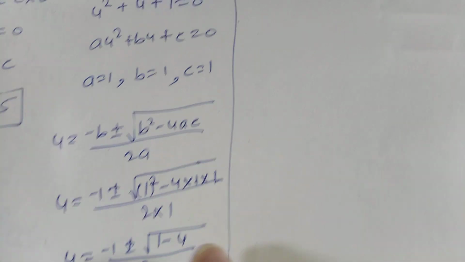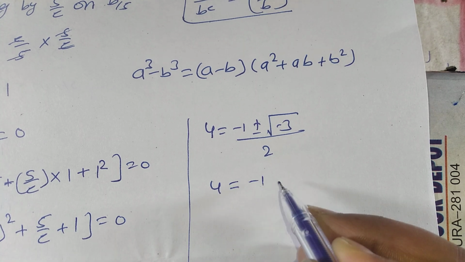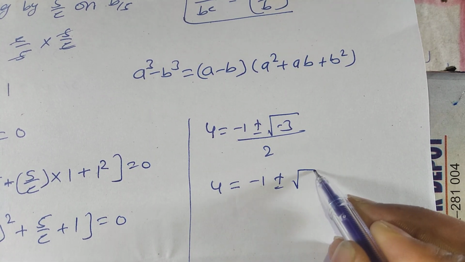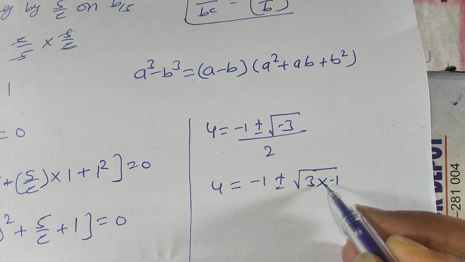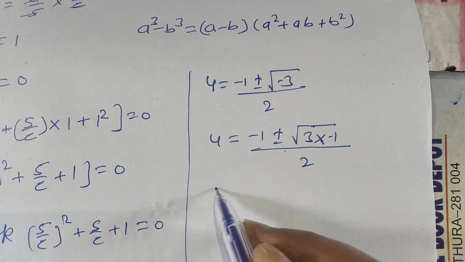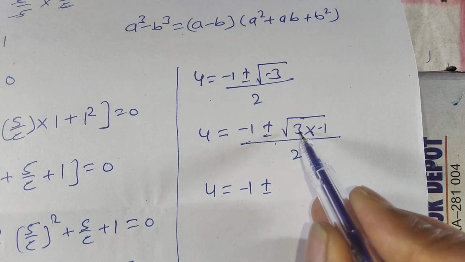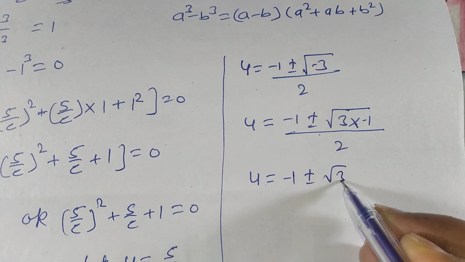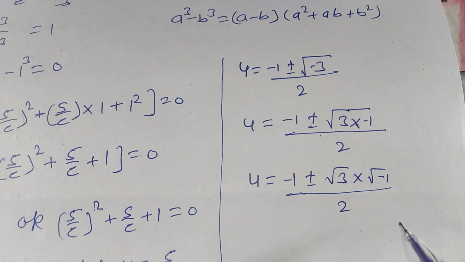u is equal to minus 1 plus or minus this square root of minus 3. It can be written as square root of 3 into square root of minus 1, over 2.